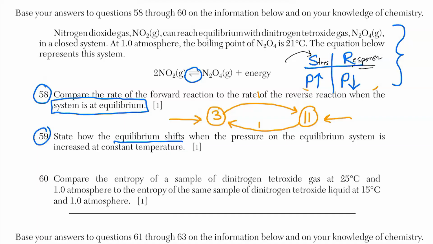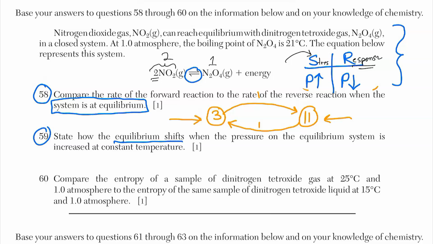If you have no idea how to do this, you're either going to say shift left or shift right. It's a 50-50. Anytime the pressure is a stress, you count moles of gas. Okay, so in my problem here, on the reactant side, I can see there are 2 moles of gas. On the product side, I see there's 1 mole of gas.